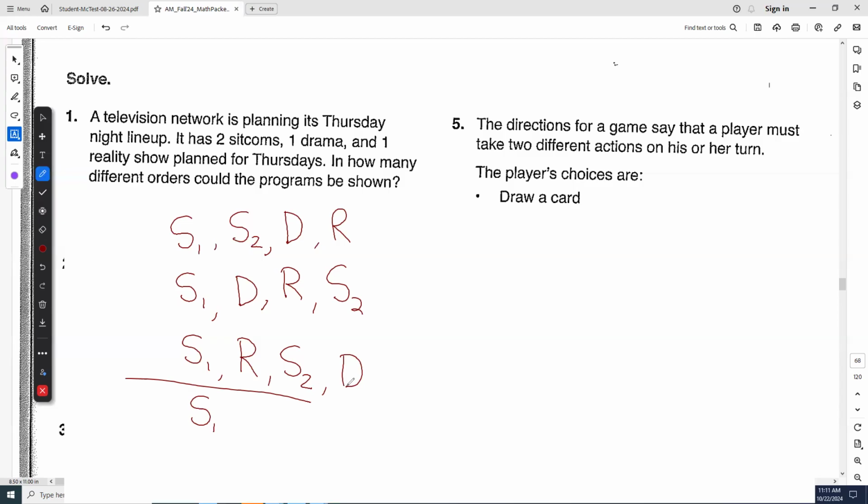So then if we have 4 total shows, how many different orders would that be? 12? I'm thinking 12. Anyone want to check the answer?